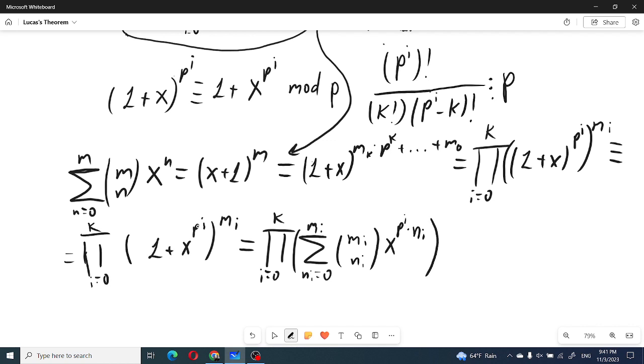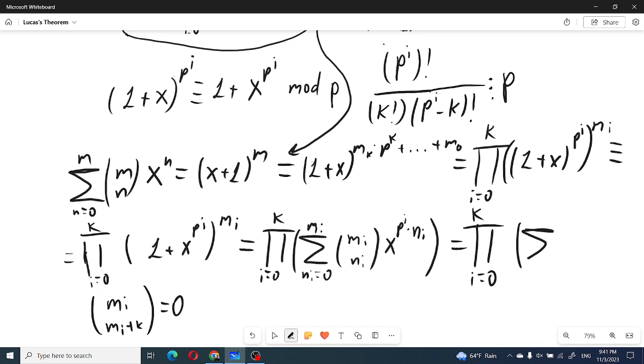Now we can use the fact that if we take m_i choose n_i with n_i greater than m_i, this number is always 0, and clearly this must be equal to the product from i 0 to k of the sum, where instead of m_i we can write p minus 1, because nothing will be changed if we take n_i from 0 to p minus 1.